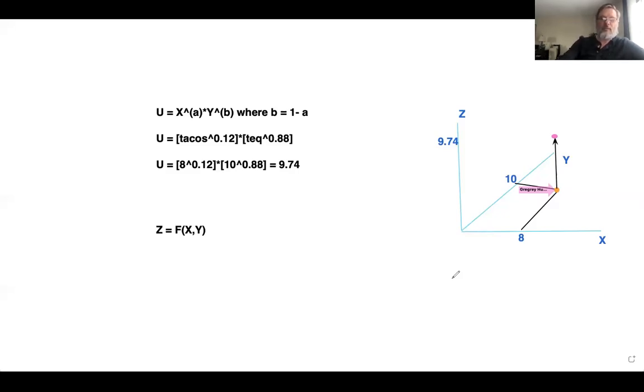1.2834 times. Okay. And I'm going to do 14 raised to the 0.88 power. And I get 10.1998.